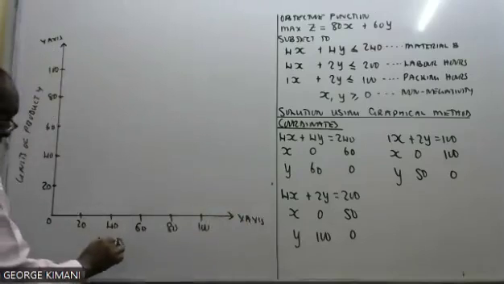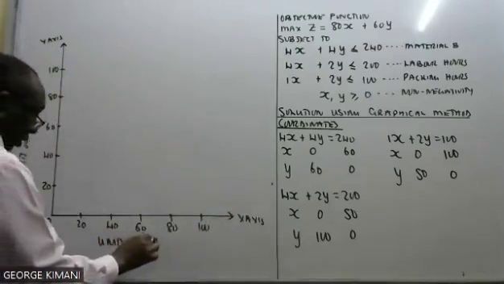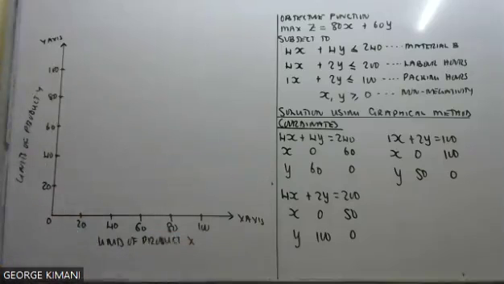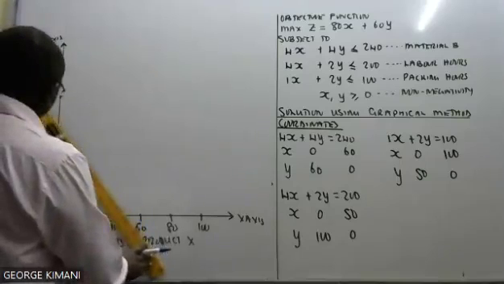These are units of product X. You already know. Okay. So now we bring 60-60. So the first one is 60-60.